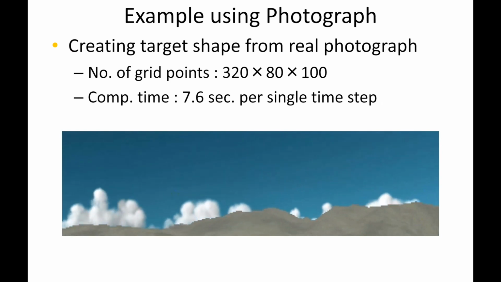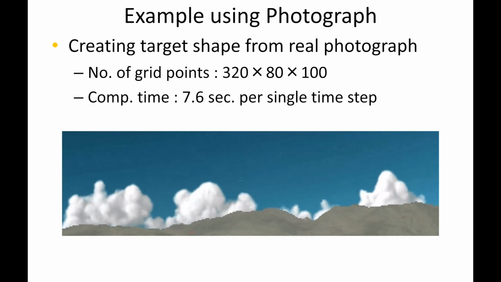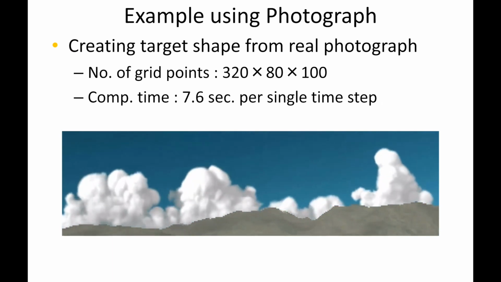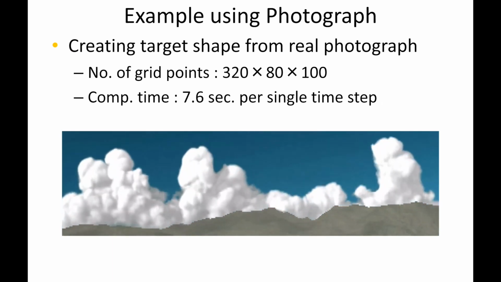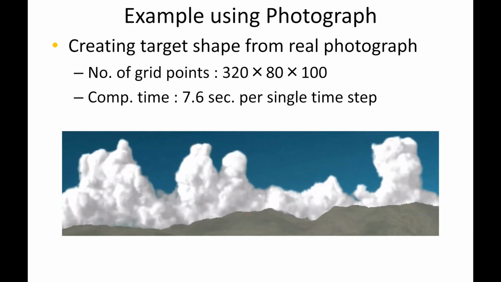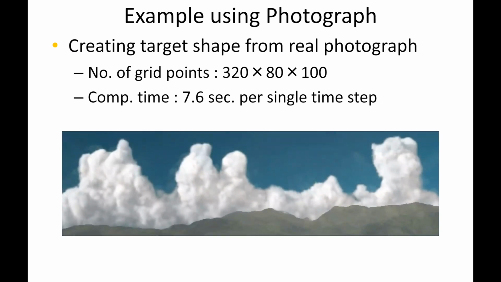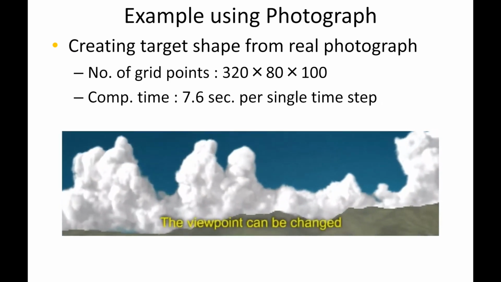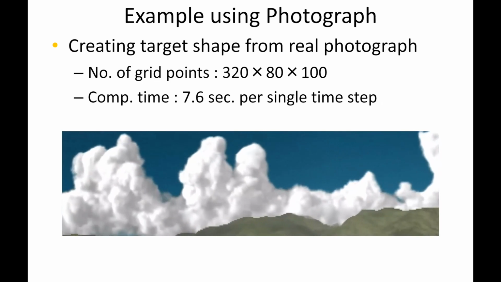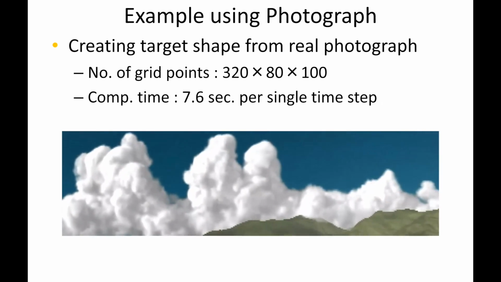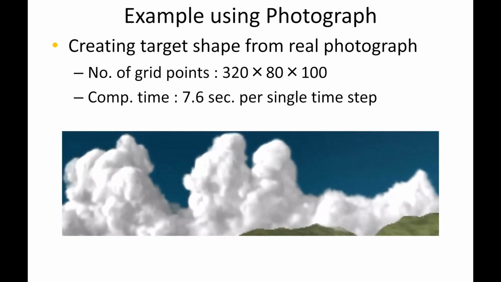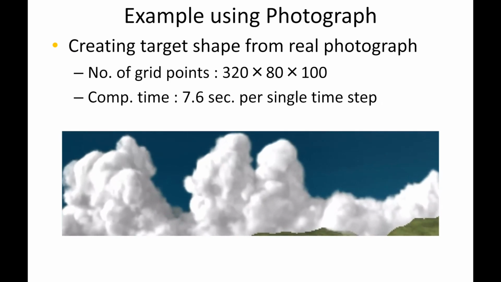So here is the controlled simulation. If you compare the shapes of the synthetic clouds and the real clouds, the overall shape is similar. So I think this method can be considered as a kind of image-based modeling of the clouds using the simulation.